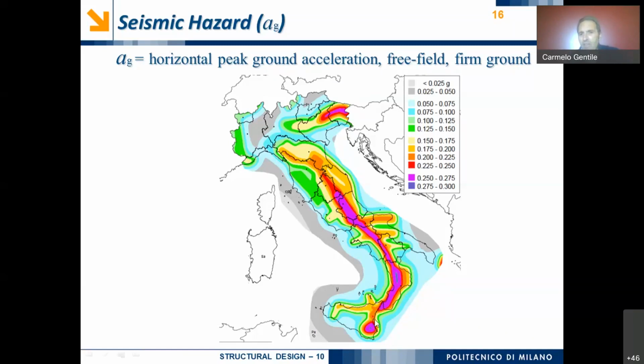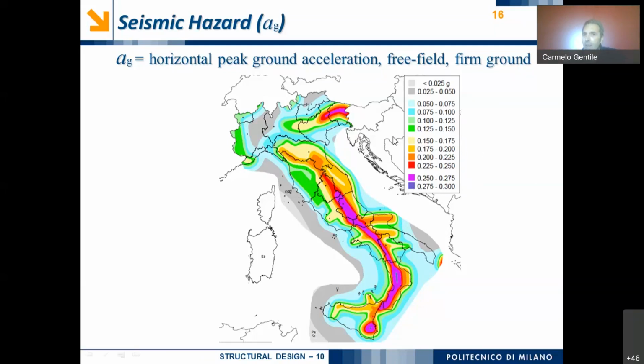For example, in Sicily, in Calabria, in Friuli, in Abruzzi, we have to expect also very large earthquakes. So what we have to expect is that a generic building for sure undergoes a quite medium earthquake, and for a quite medium earthquake, basically I would like to maintain the behavior of the building in the elastic range.